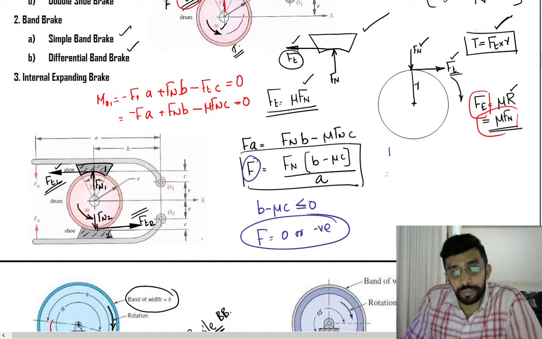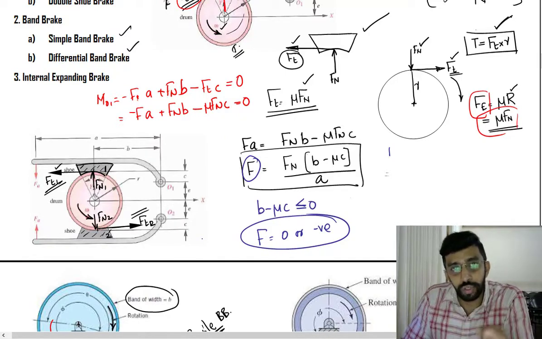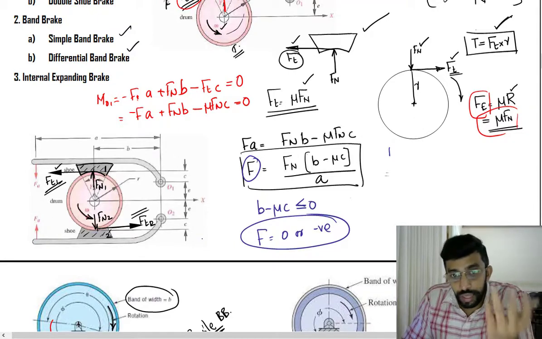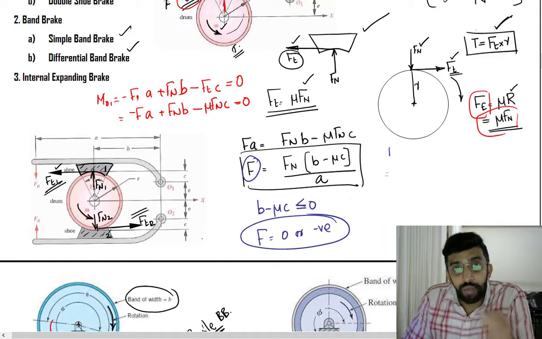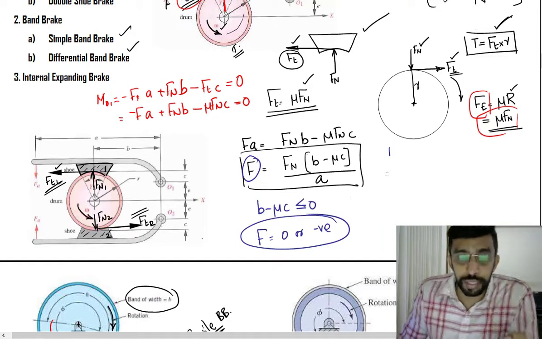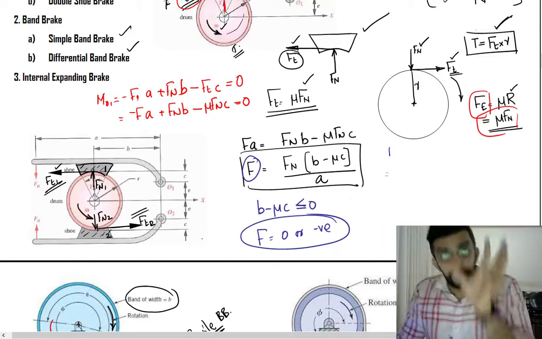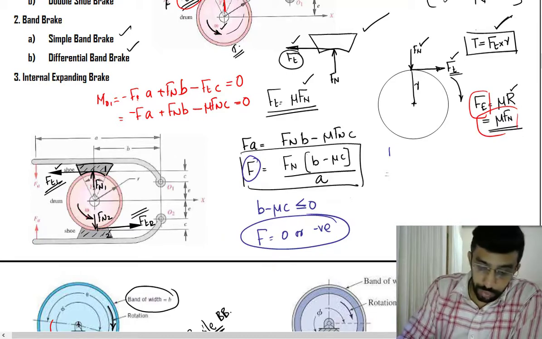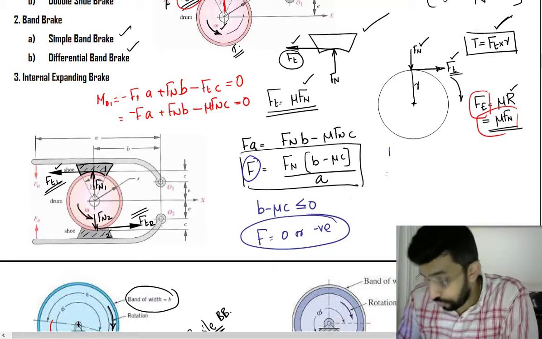A rare condition. What is the meaning? F is equal to 0. We can say that the actuating force is 0 to get the braking. And what is the meaning of negative? Same thing. We can imply that without even applying the force, the system gets a braking effect. And this is called self-locking.